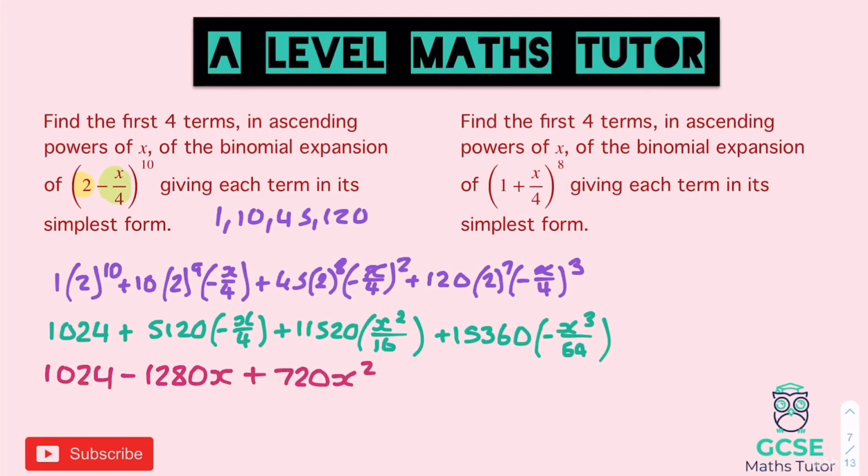And for the next piece, we've got 15,360 divided by 64, which is 240, and it's a minus, so being careful with that, minus 240x cubed. Right, there we go, and that is our first question completed.